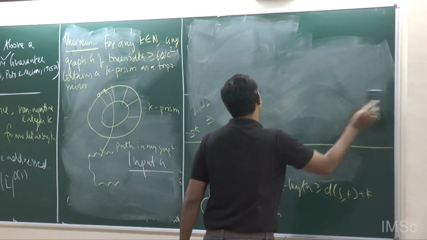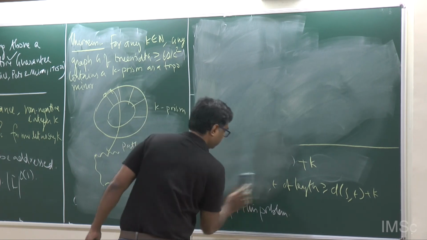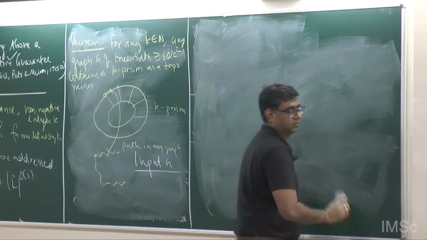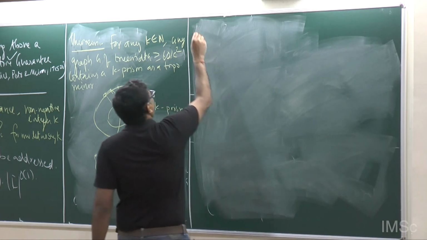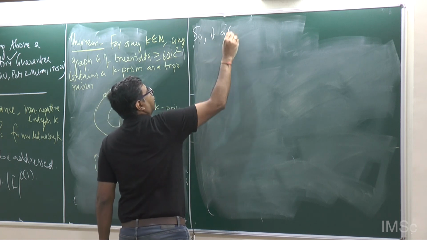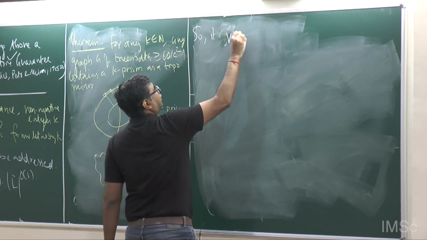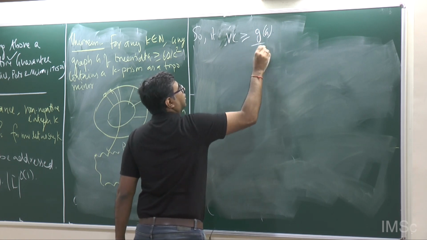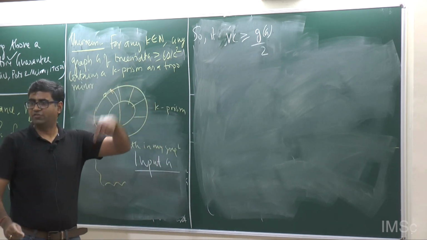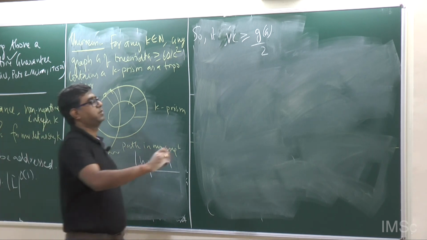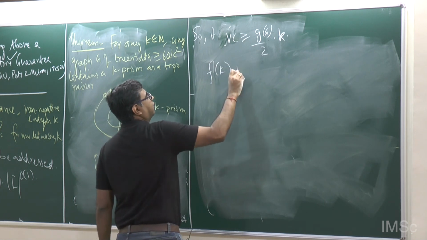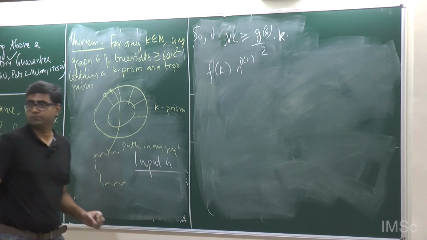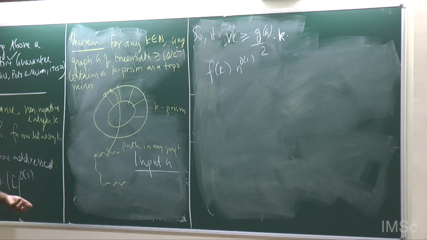So what are we interested in? Here is a lower bound on the vertex cover of a graph: the vertex cover must be at least girth by 2, because you have a matching. Suppose I'm interested in this question and I want to derive such an algorithm. I know a very classical theorem from graph theory, called the Erdos-Posa theorem.